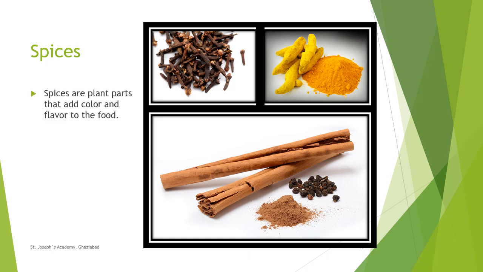What are spices? Spices are the plant parts that add color and flavor to the food. When we are making our food, we use these spices in our food, and with the help of these spices, we get the color and flavor to our food.